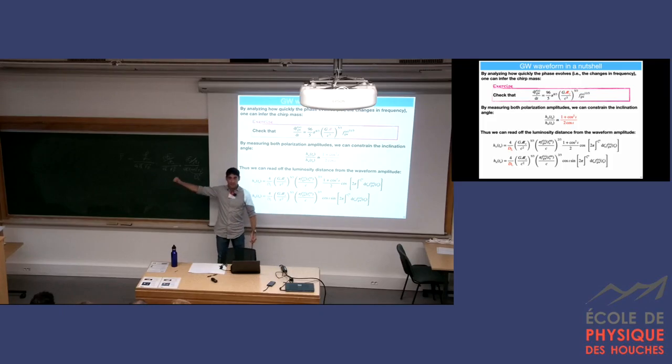Iota was the inclination angle. Then I can solve this equation and get iota, or cos iota. And now, if I look back at my polarizations, I know iota, I know the chirp mass, what is left is dL. And this is how we can constrain dL. Because otherwise there would be a degeneracy between, for example, dL, iota, and the chirp mass.